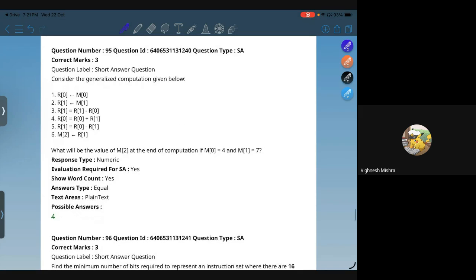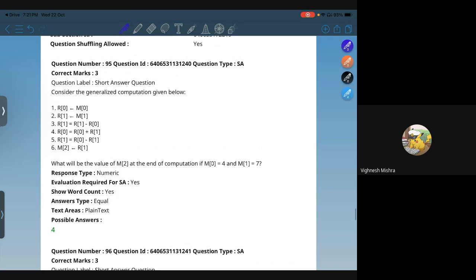Now, what will be the value of M2 at the end of computation? So R0 and R1 are clear, and then R1 is R0 minus M0. M0 is 4, this is 7. 7 minus 4 is 3.